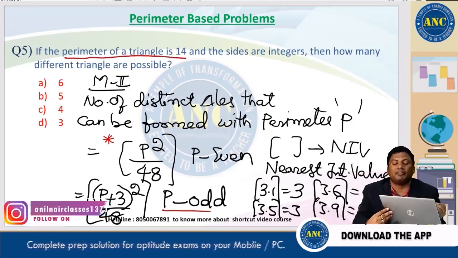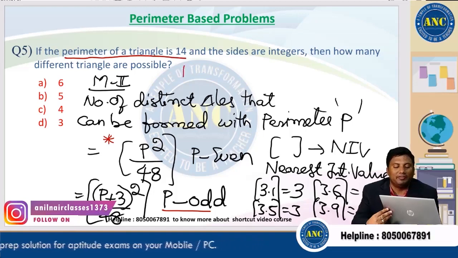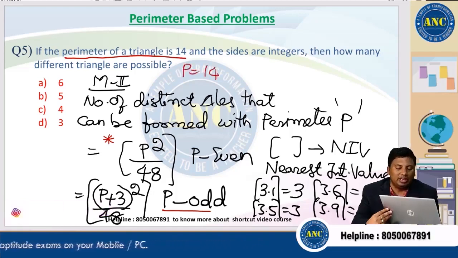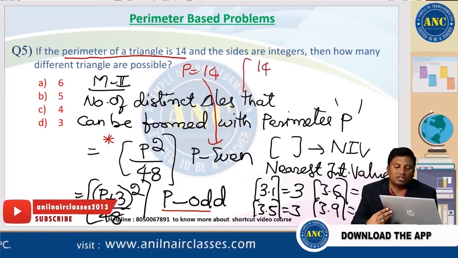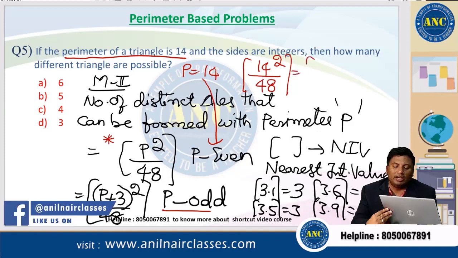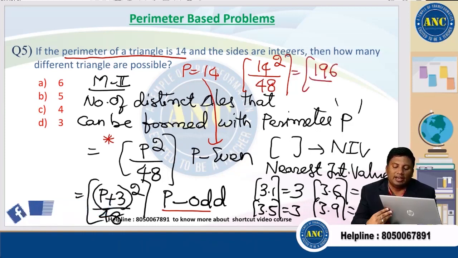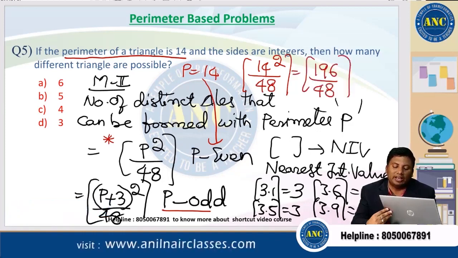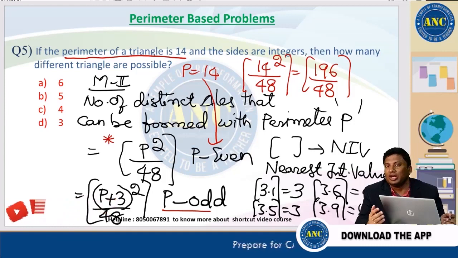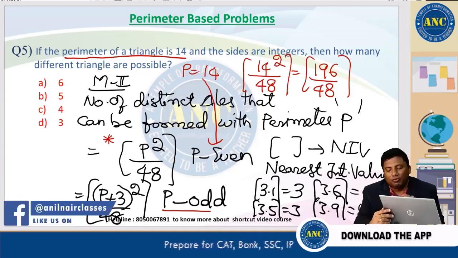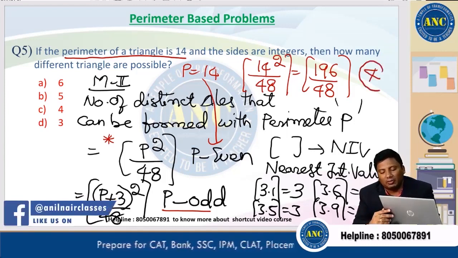If the perimeter of a triangle is 14, which is an even number, this will become 14 square by 48, 196 by 48. 48 3s are 144, 48 4s are 192 point something, and 4 point something is nothing but 4.